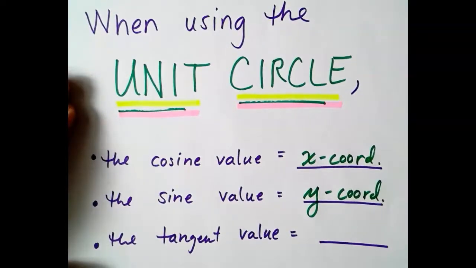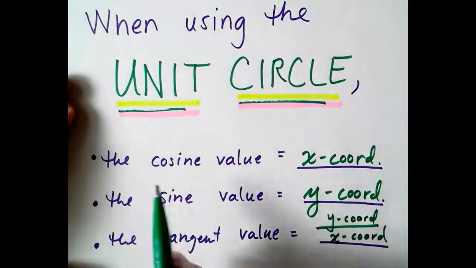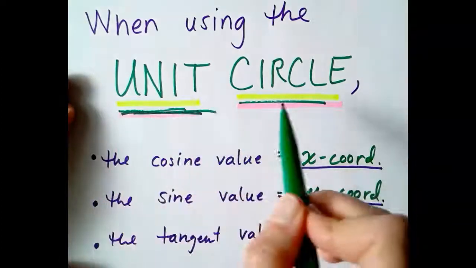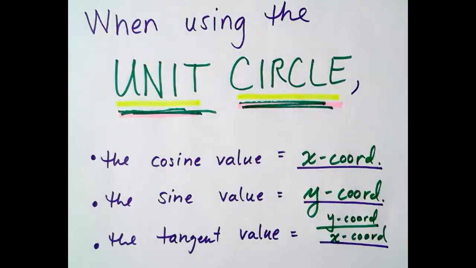And the tangent value can be found by dividing the y coordinate over the x coordinate. So cosine is the same as the x, the sine is the same as the y, the tangent is y over x. Where? Only on the unit circle. Now, if you're in doubt, then you should draw a triangle.